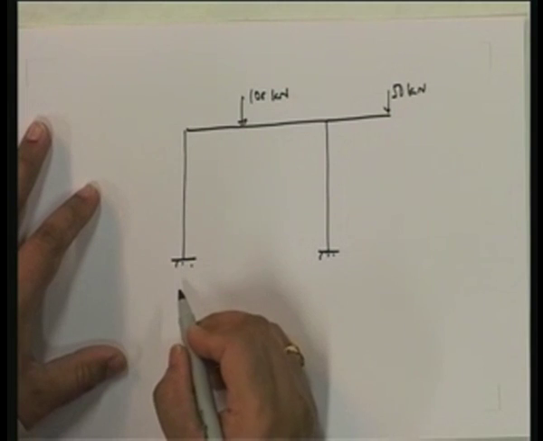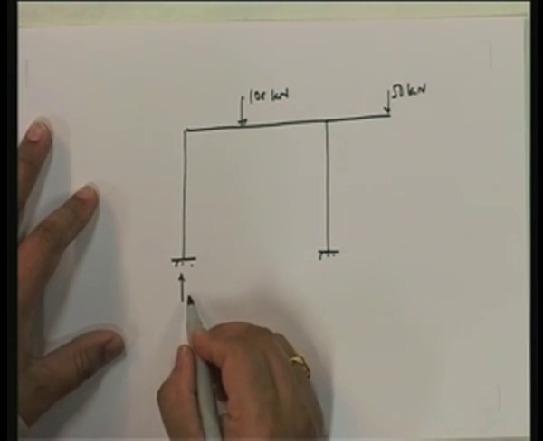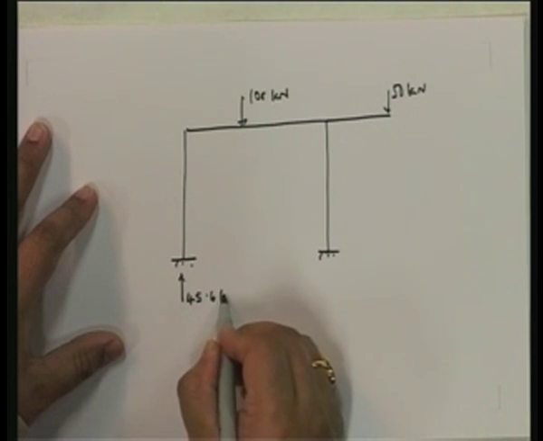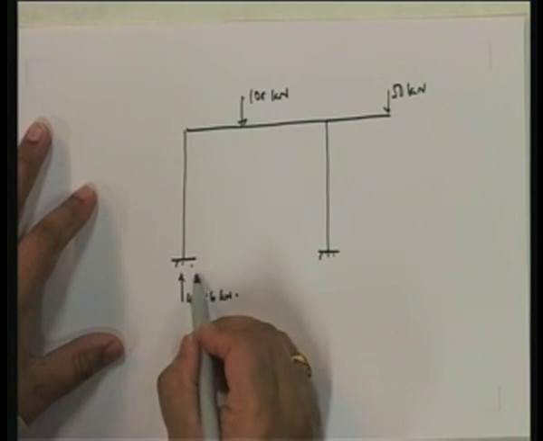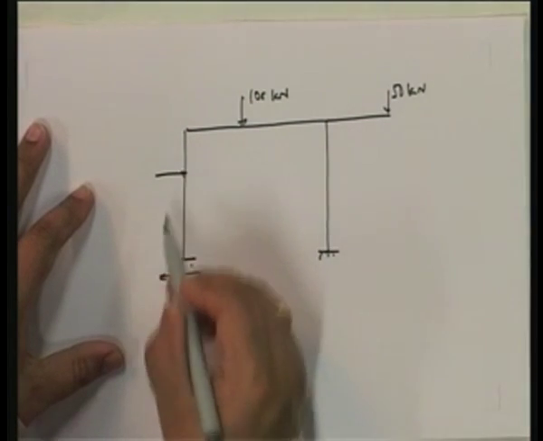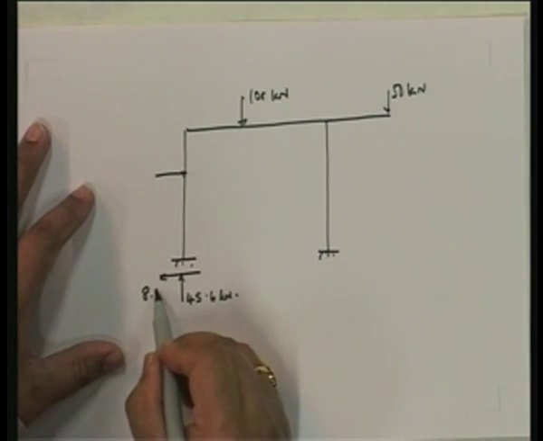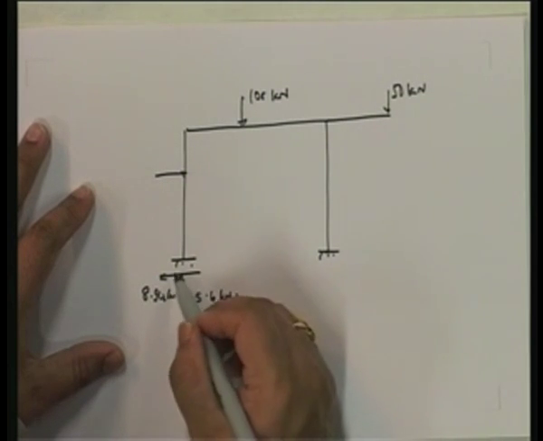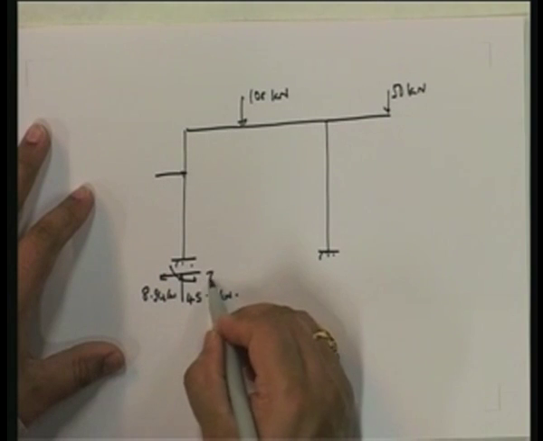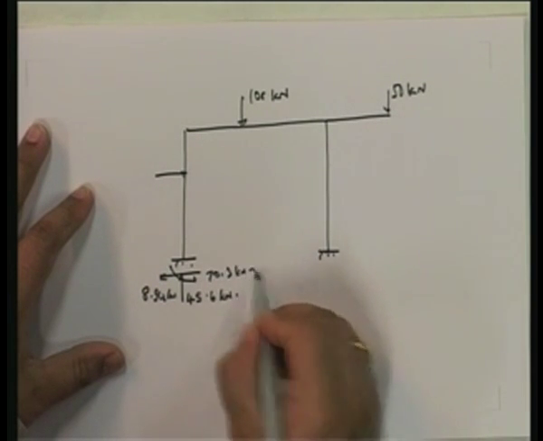So over here, what you have, support reaction 45.6 kilonewtons. Reaction here is going to be 8.94 kilonewtons. Moment is going to be equal to 70.3 kilonewton meters.